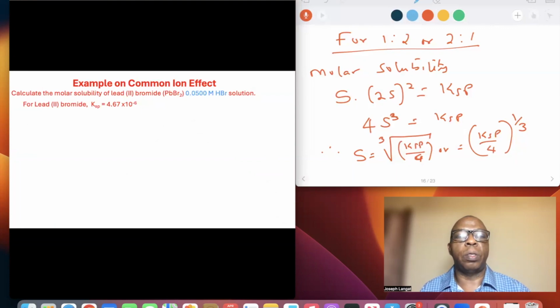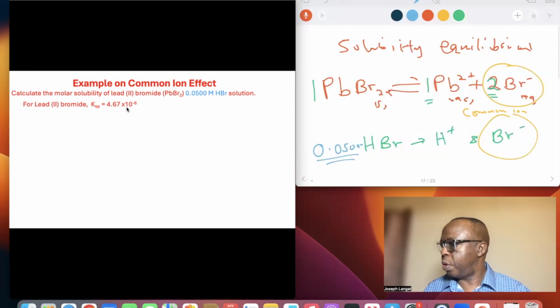Let's see, using the previous example, if we dissolve lead 2 bromide in a solution of 0.0500 molar hydrogen bromide, given the Ksp value, there is the common ion from the second solution.